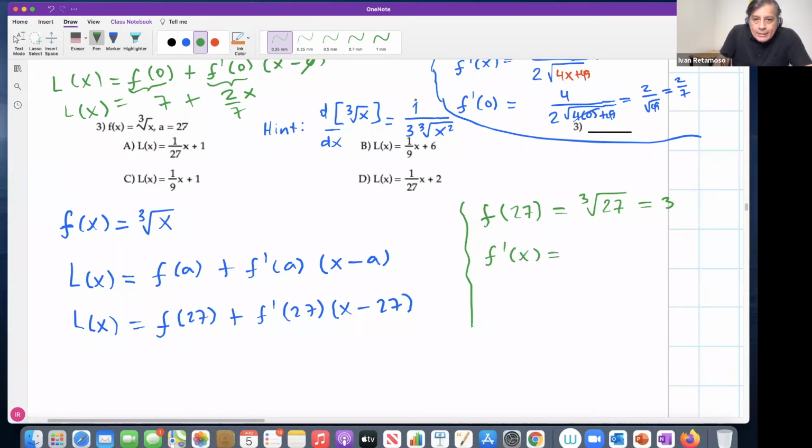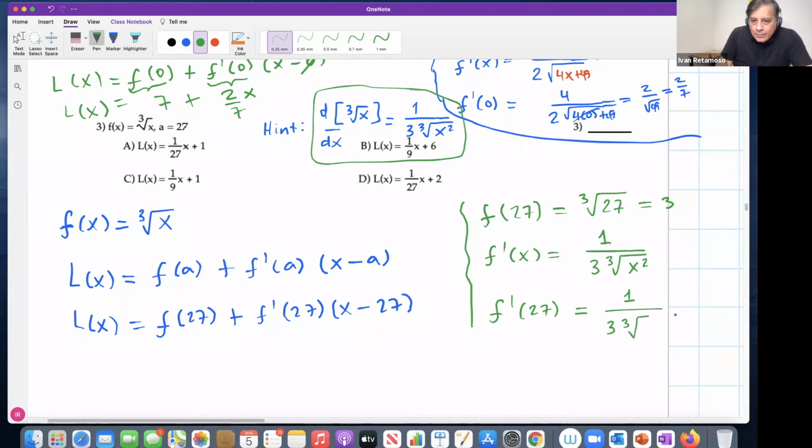We said that we're gonna use this result: the derivative of this cubic function is 1 over 3 times cube root of x squared. Now I want an evaluation at 27. So I have to get 1 over 3 times the cube root of 27 squared, right?